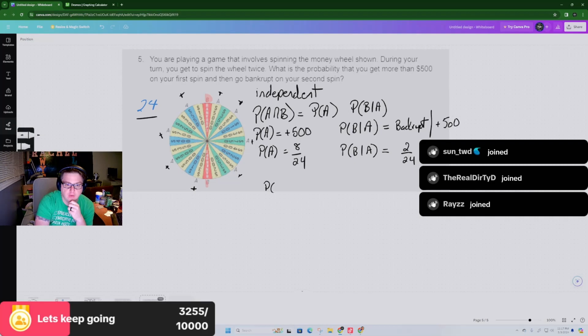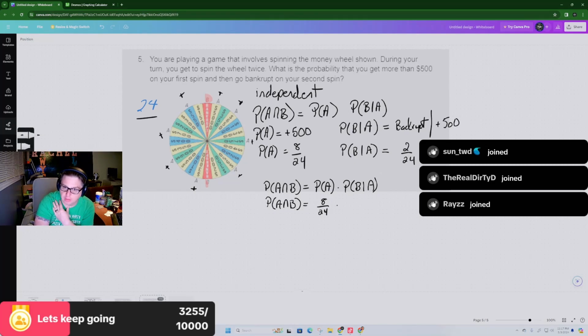So in this scenario, if I want the probability of A and B, that's going to be the probability of A times the probability of B given that A happened. So probability of A is 8 over 24 times the probability of B given A happened.